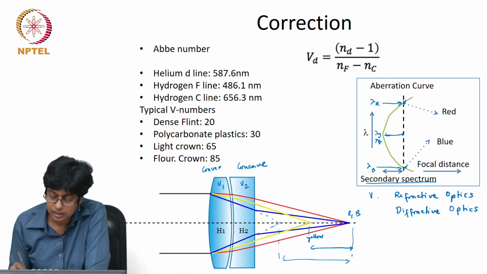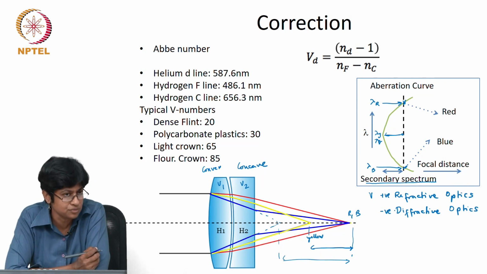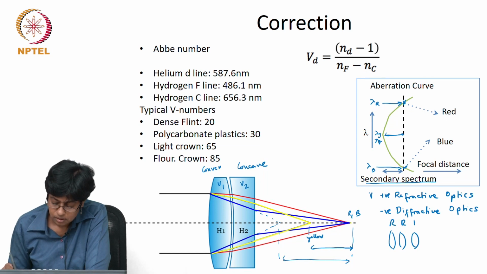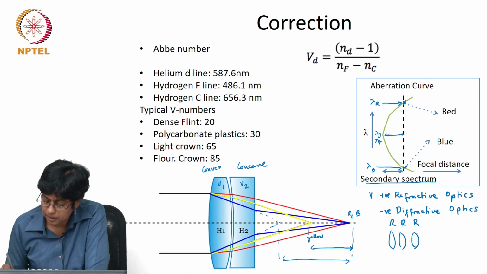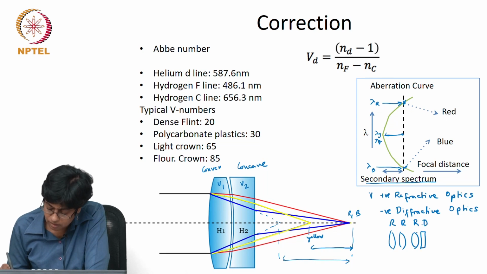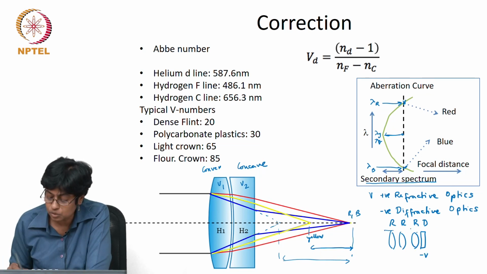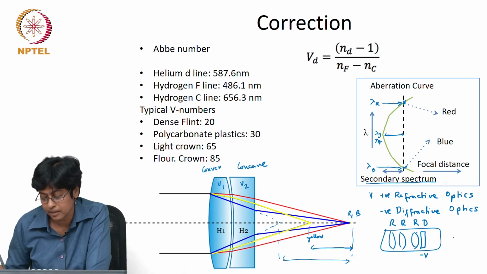So if we say the V number here is always positive, I can consider this to be negative. And so I can take refractive elements and add a diffractive element, and because this has a negative dispersion, I can use this combination and correct for chromatic aberration. Okay, so that is also possible.